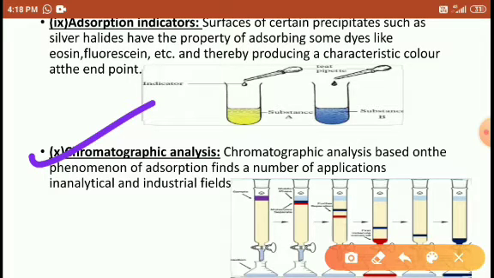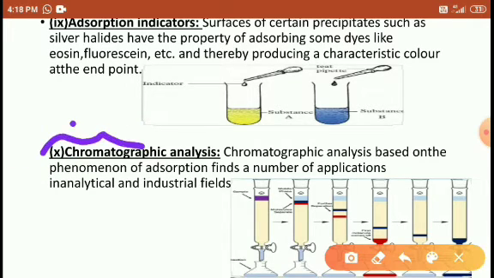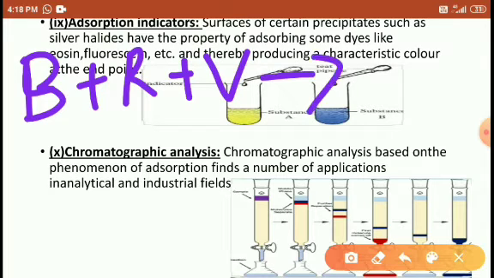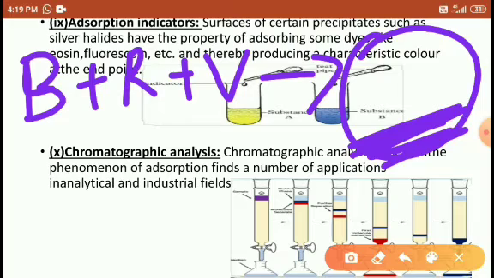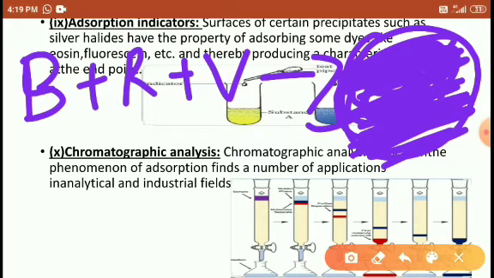Last one is chromatography analysis. Chromatography, based on the phenomenon of adsorption, finds a number of applications in the analytical industry field. So students, chromo means color, graphy means study, right? So here, if I mix blue, red, violet, etc. colors to form one mixture, a mixture of colors, and I want to separate all the colors from this mixture, what do I have to do?